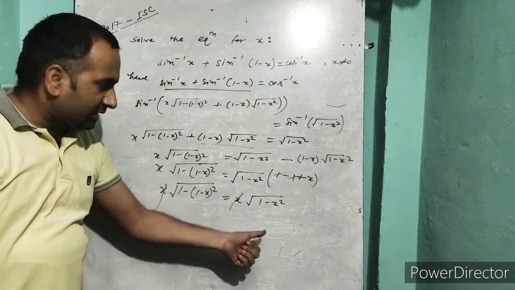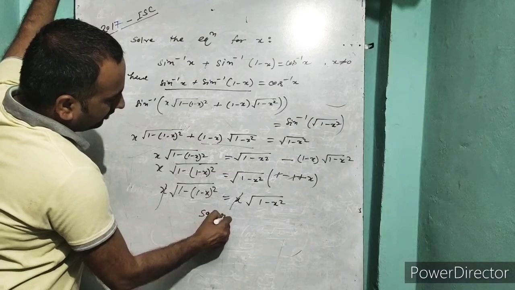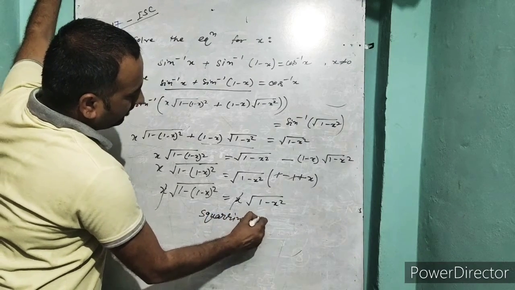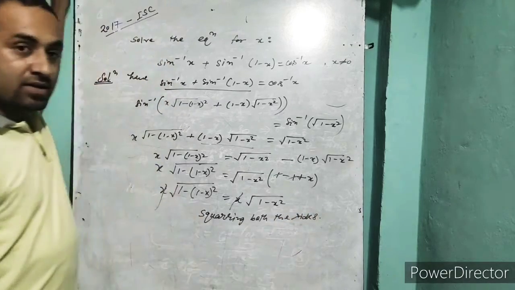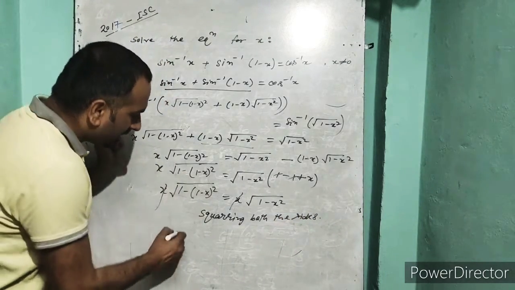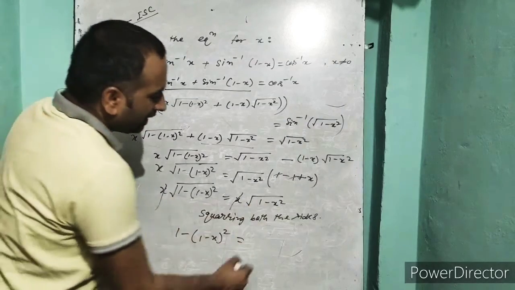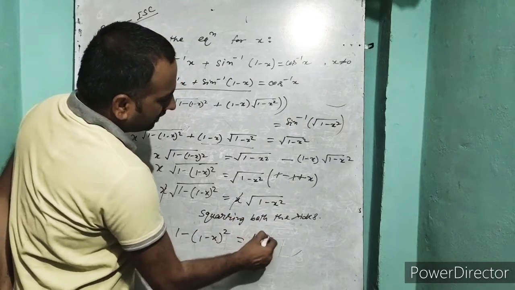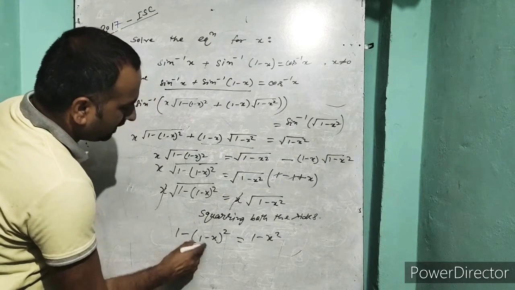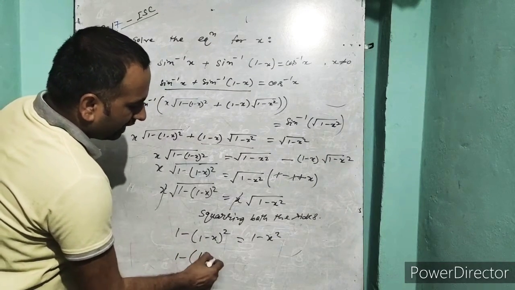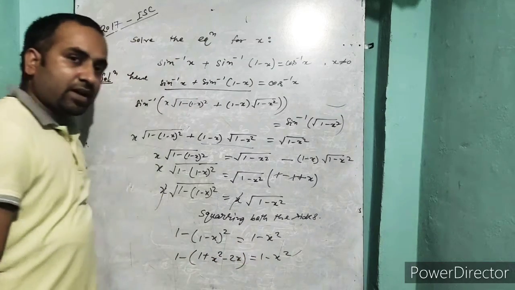Squaring both the sides, what will you get? Squaring this term, we will get (1 minus x) the whole square is equal to, and the square of under root 1 minus x square gives 1 minus x square. Can you open it? Yes, 1 plus x square minus 2x, and here is 1 minus x square.